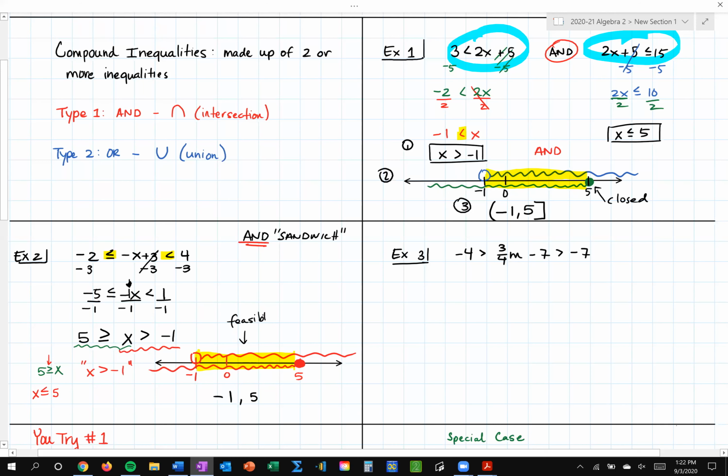Feasible region, also known as your solution set. Okay, so the solution set exists in between negative 1 and 5. At negative 1, once again, that was an open circle, so we would use a parentheses. And then at 5, that's a closed circle, so we use a bracket, okay?